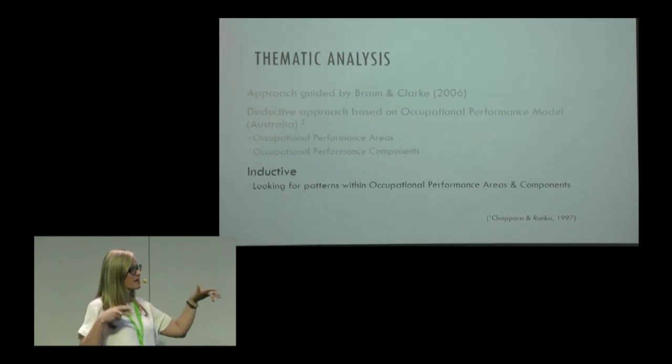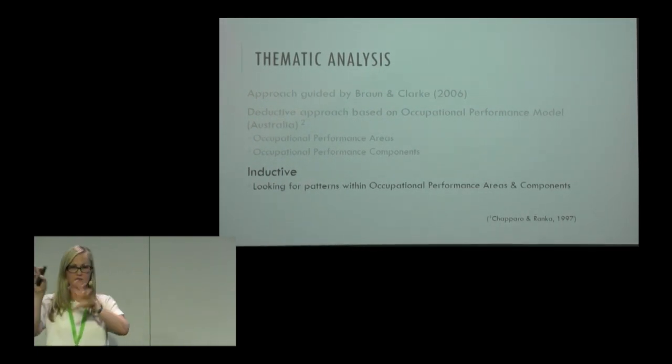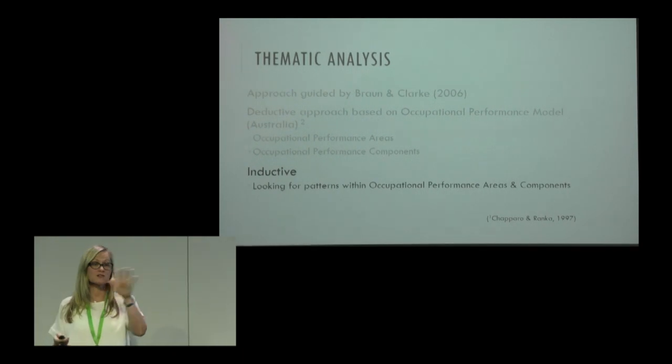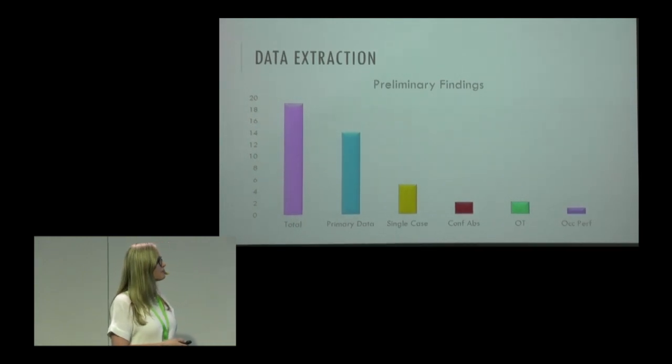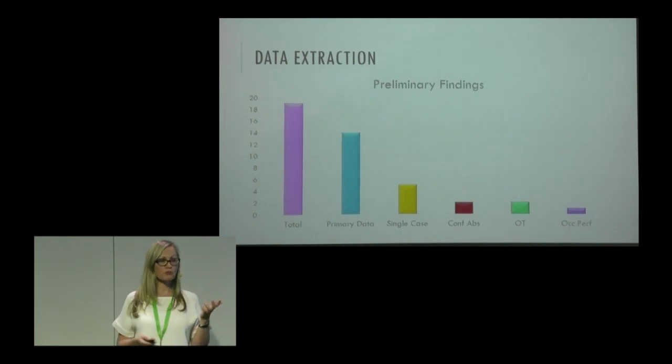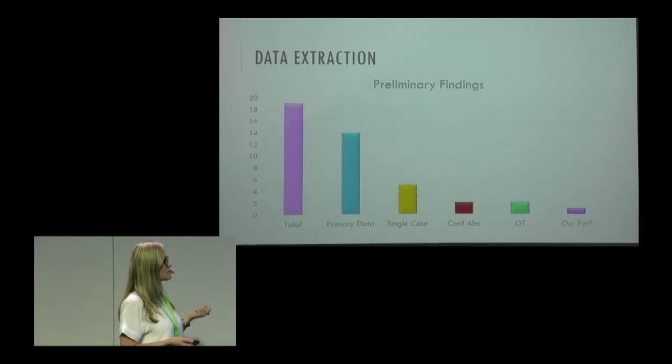And then within that I took an inductive approach where I kind of looked at the different themes within and across those areas. What I found within the 19 articles was that only 14 of them were primary data, the rest of them were descriptive.